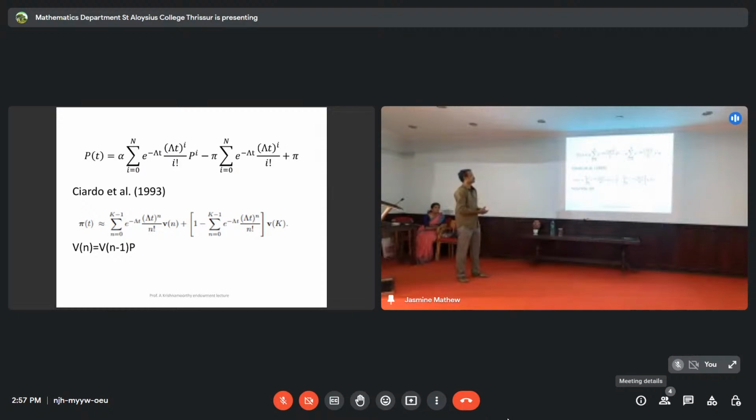When n is large, then there is no difference, because when n is large, this will get cancelled, minus pi n plus pi, that will get cancelled. So when n is small, there is a difference. Then this is closer to the solution.